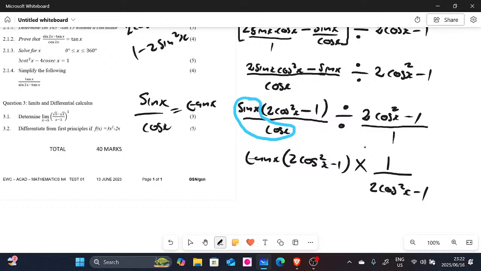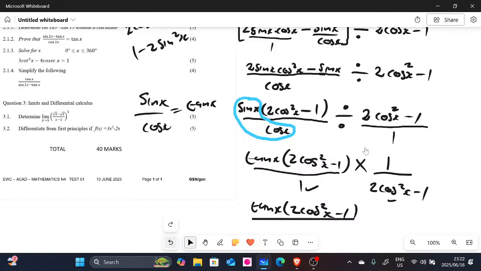Now you can multiply the denominators and the numerators. It's going to be tan x multiplied by 2 cos squared x minus 1, divided by 2 cos squared x minus 1.